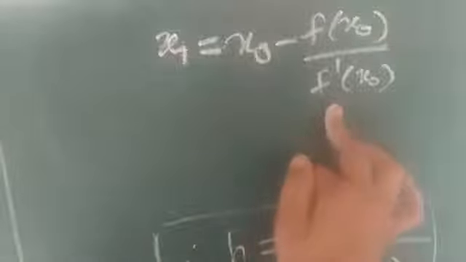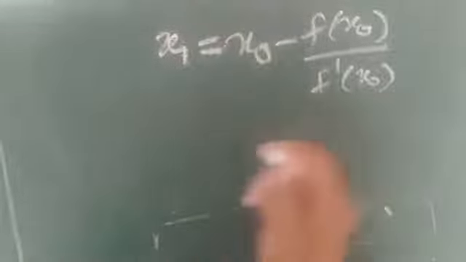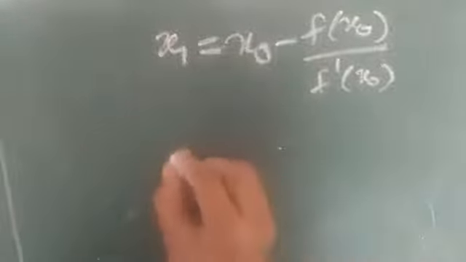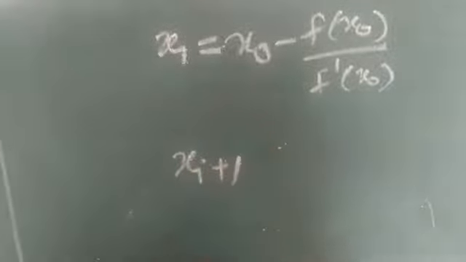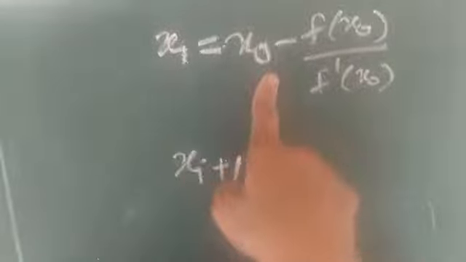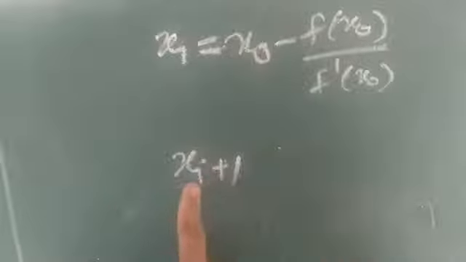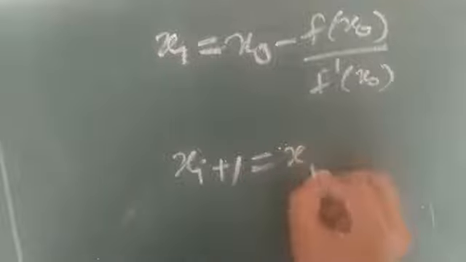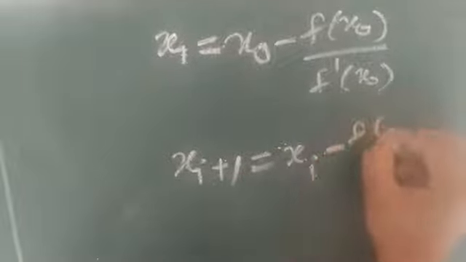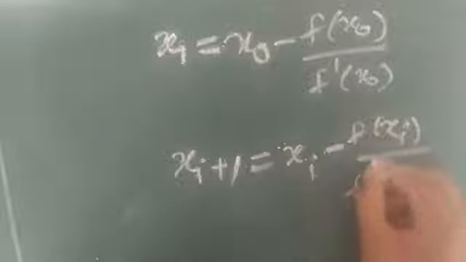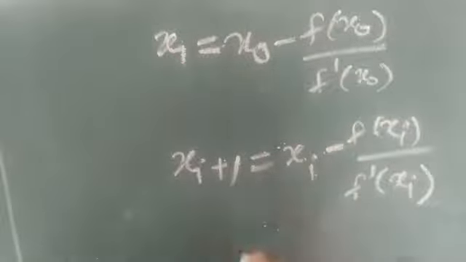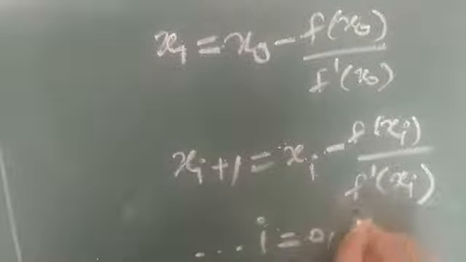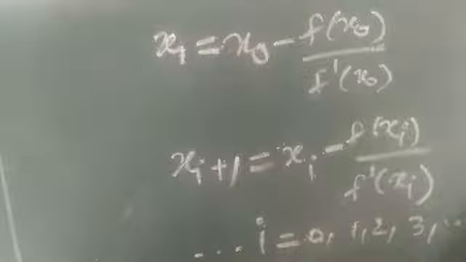Therefore, by successive approximation, one can get the following general formula, with x(i+1). Here x1 is x0. So for a general formula we take x(i+1) = xi - f(xi) / f'(xi), where i = 0, 1, 2, 3, and so on.